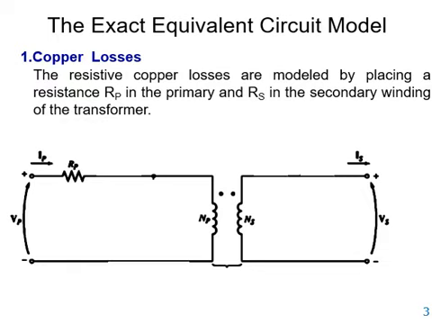So previously it was the ideal transformer, and now we have included an Rp resistance on the primary side and an Rs resistance on the secondary winding to model the copper losses in the real transformer.